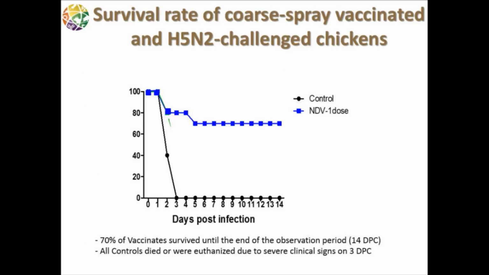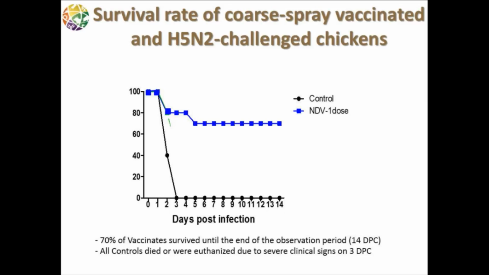This time we didn't get 100% protection, but 70% of our vaccinated chickens survived until the end of the post-observation period, 14 DPC, exhibiting only minor clinical signs, except for those 3 chickens which died. And all controls died within 3 days post-challenge.